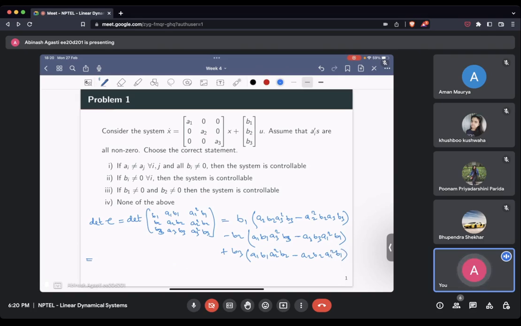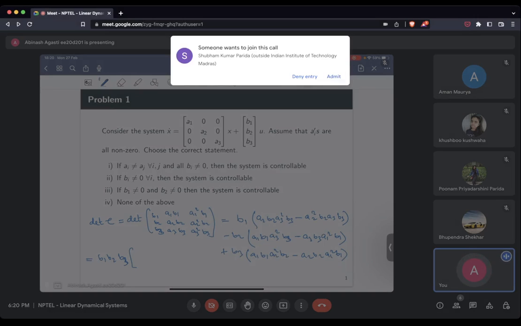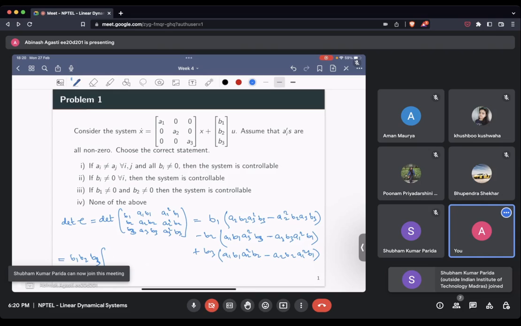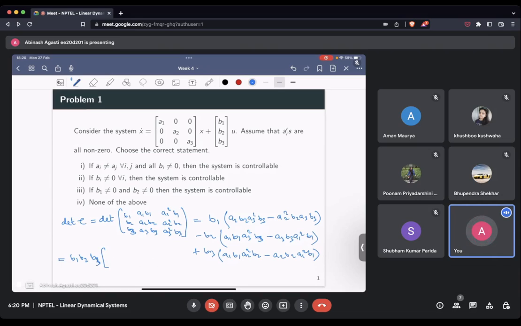So all of these can be written as, we can see that B1, B2, B3 comes common in each and every one of these. So then what do we have? A2, A3 into A3 minus A2, minus A1, A3 into A3 minus A1, plus A1, A2 into A2 minus A1.